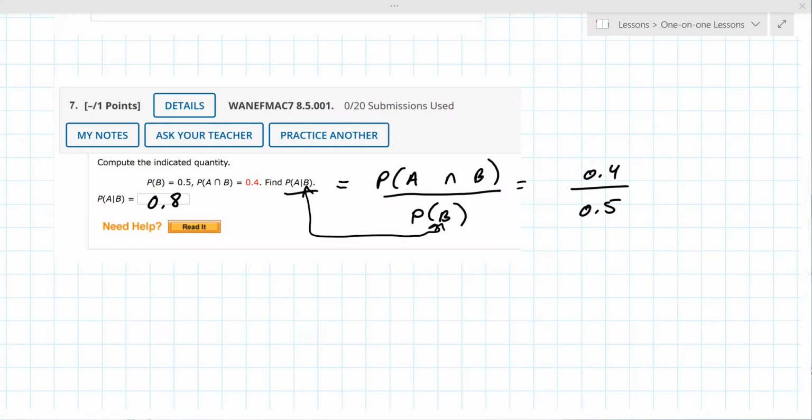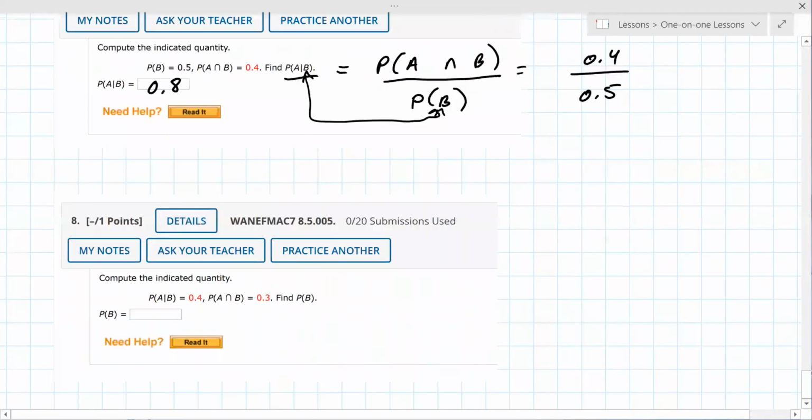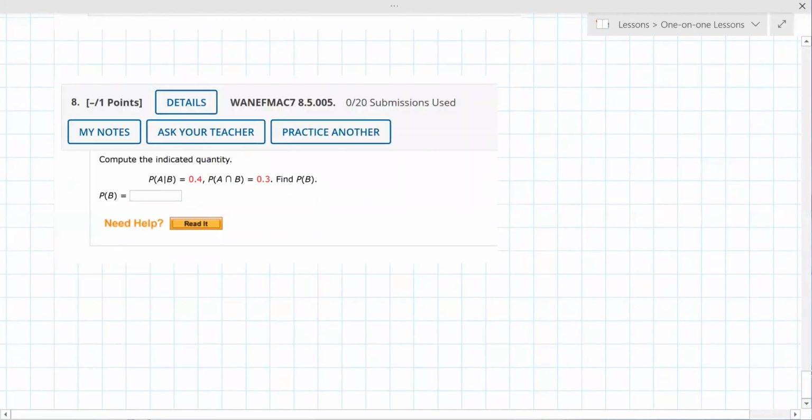All right, a couple more of these. So we got kind of the same thing here. You'd write probability of A intersect B equals probability of A and B over probability of B, and you substitute the numbers that you do have.